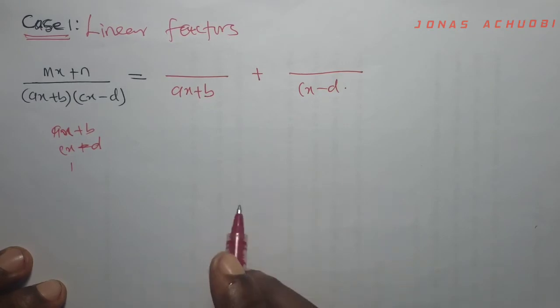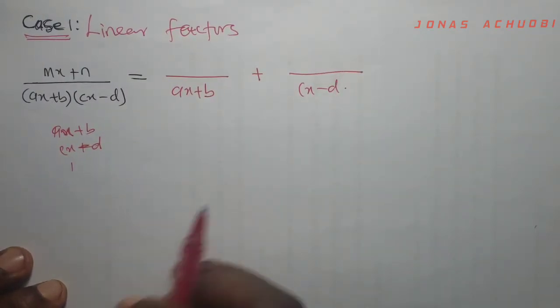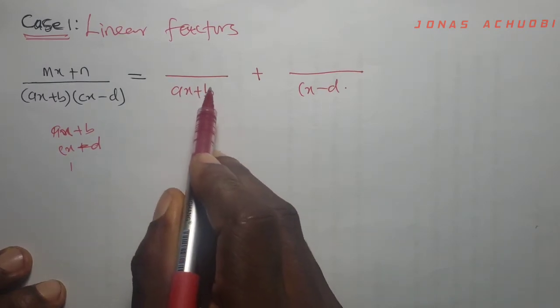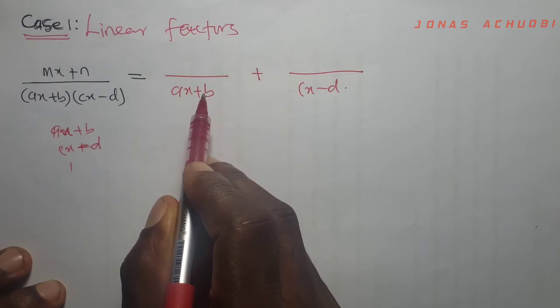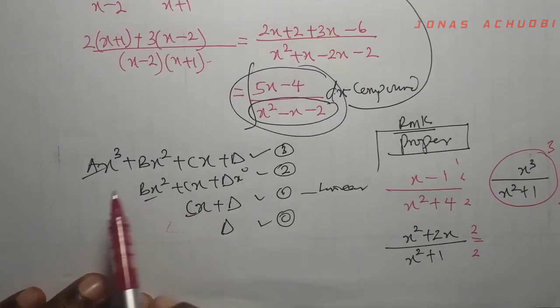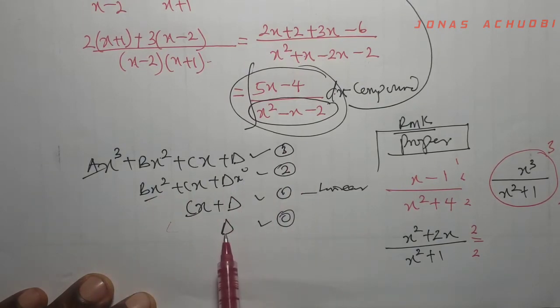It's now time to figure out what will be in the numerator. You pay attention. Now, ax plus b is a polynomial of degree what? I had discussed this a while ago, where I said this is a polynomial of degree 3, degree 2, degree 1, and degree 0.